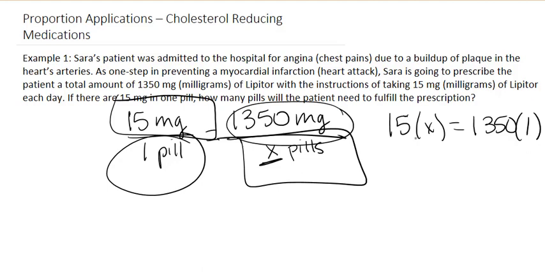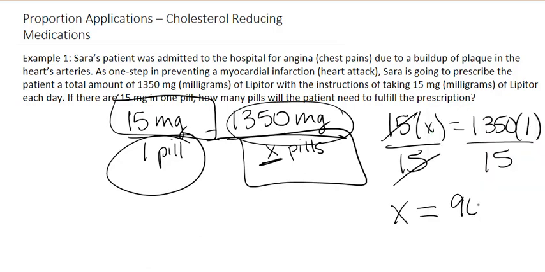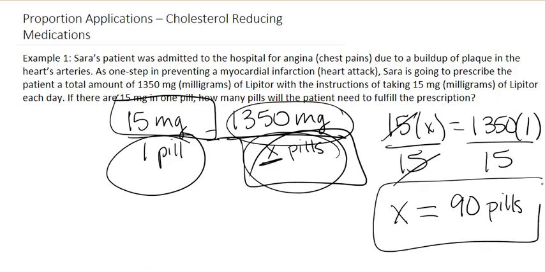To get X by itself, we would divide by 15 on both sides. Then we get 90 pills, because we want to keep the same units. So here's our final answer.